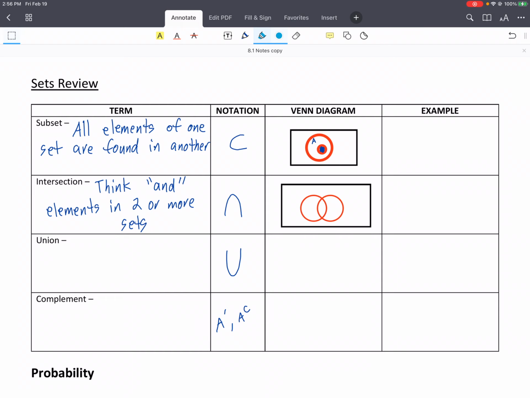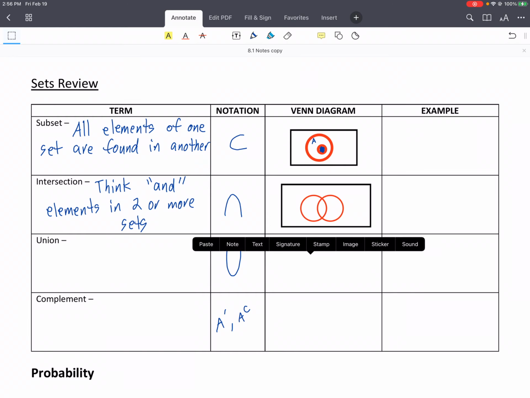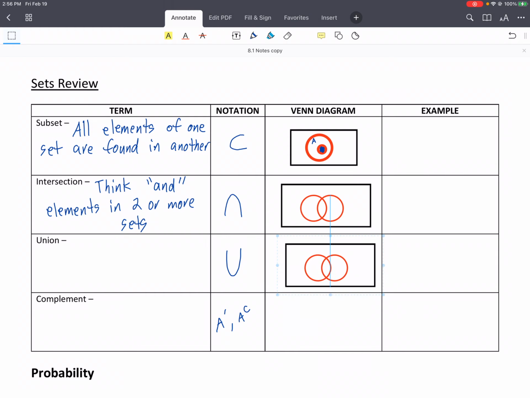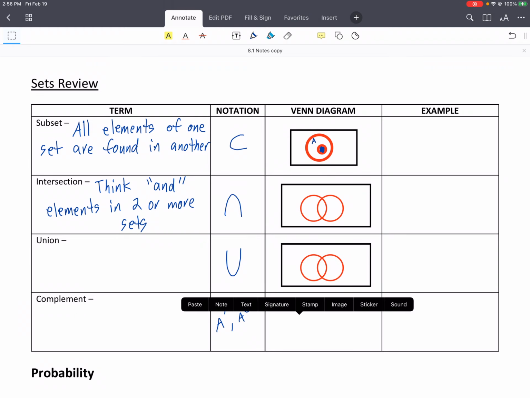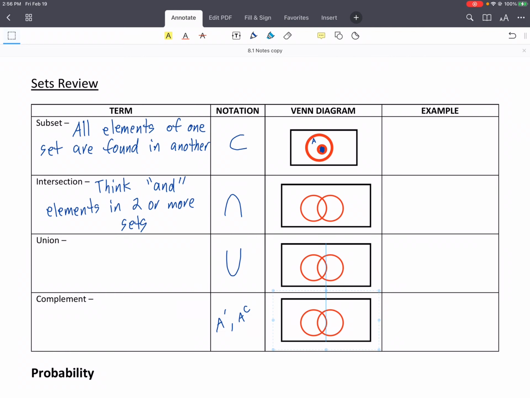Give me a second. There's that one. All right. So the intersection, again, was everything in between.